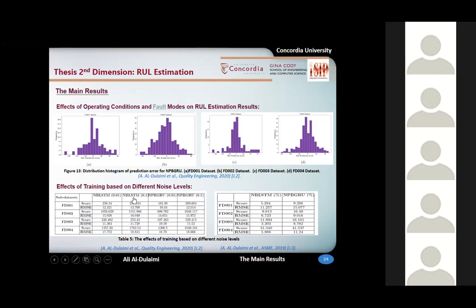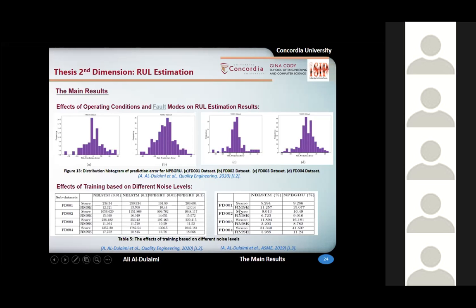We can see that the model is still able to capture the mapping from input to output, and the result is also outstanding. Something to be highlighted here is that the noisy parallel bidirectional GRU model is affected by the noise at a higher level than the other one.